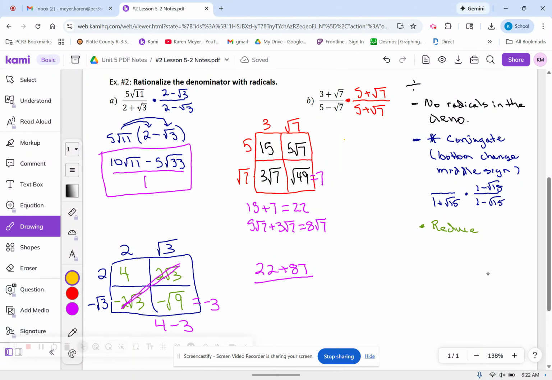So now I'm going to make a box for the bottom. And I'm going to have 5, negative square root of 7, 5, positive square root of 7. So 25, and then negative 5 square root of 7, positive 5 square root of 7, and then negative square root of 49.